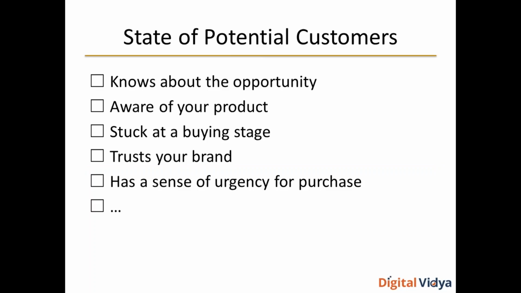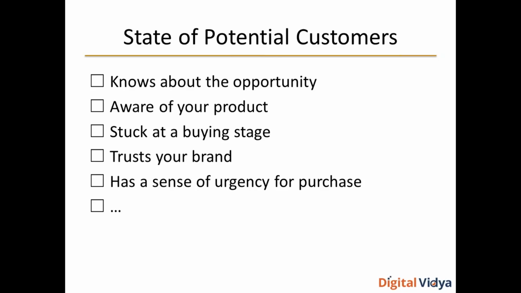is stuck in a different stage of the buying cycle, right? Remember, there was a funnel of marketing. Customer first we create awareness, then we create preference, then we promote, then action, loyalty. So you have to understand the state of your potential customers. Somebody who knows about the opportunity of why he or she should use your services, right?